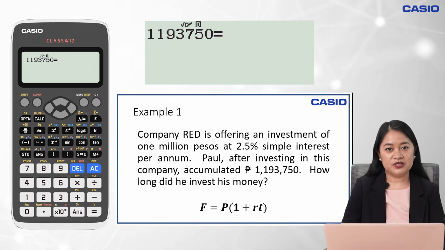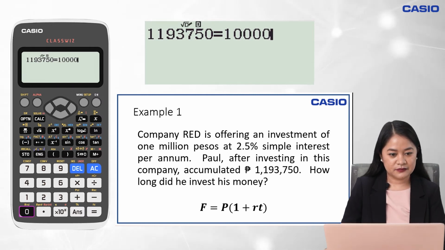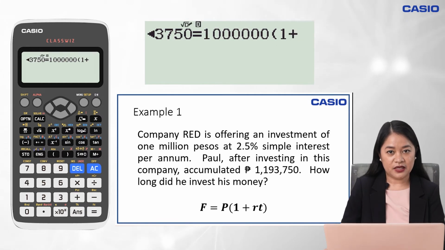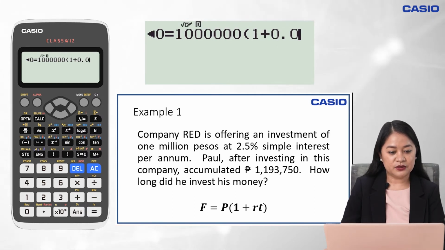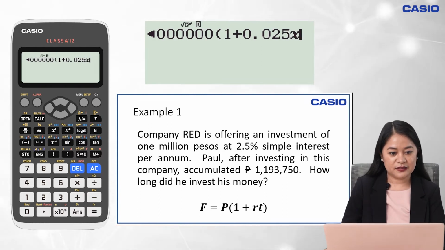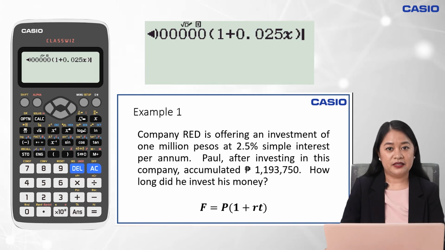Then we input the principal of 1 million pesos. Then open parentheses. 1 plus the annual interest rate of 0.025 multiplied by X. And then we close parentheses. Okay. Then press Shift, Calc, and Equal buttons.